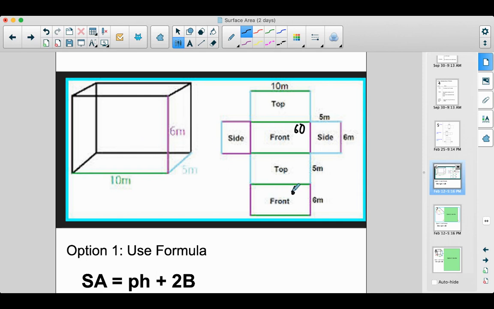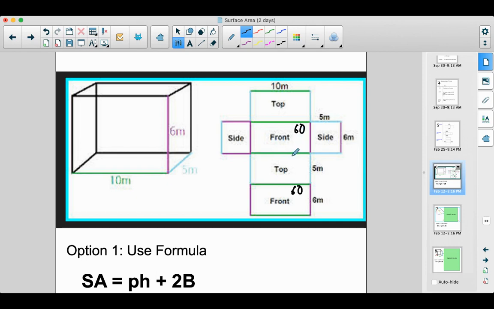With rectangular and square prisms, it's even easier because you always get groups of sides that are the same. The top is going to be the same as the bottom. Front's going to be the same as the back. Side's going to be the same as the other side. So when you find one, you'll know the other. Really, there's only 3 areas that you're going to have to find.